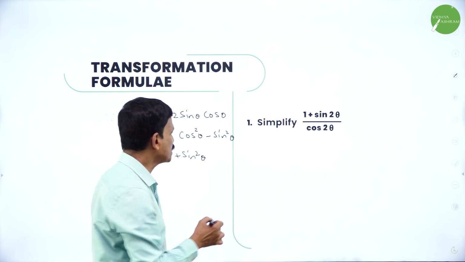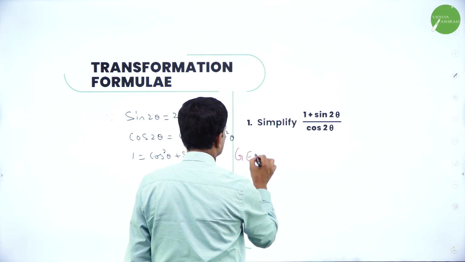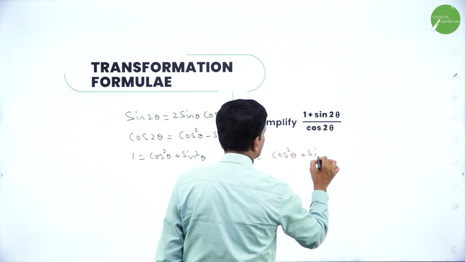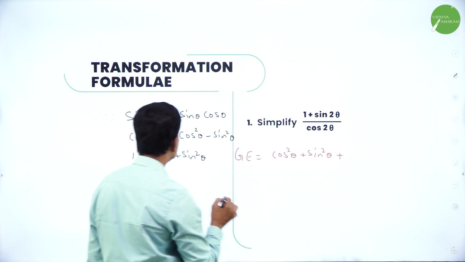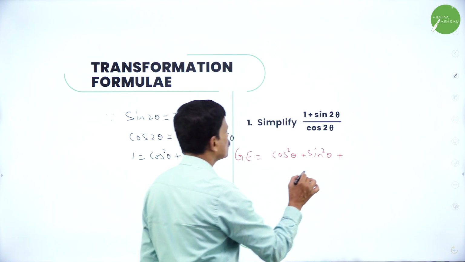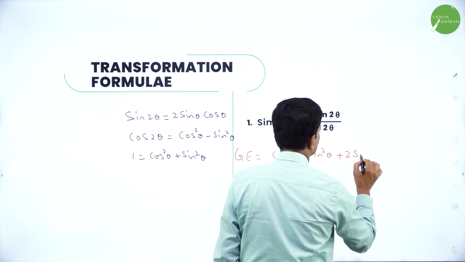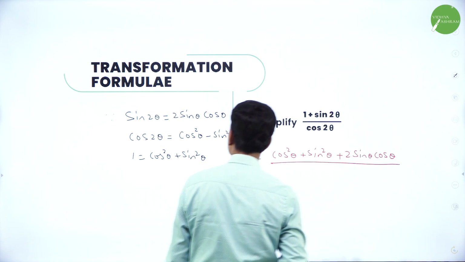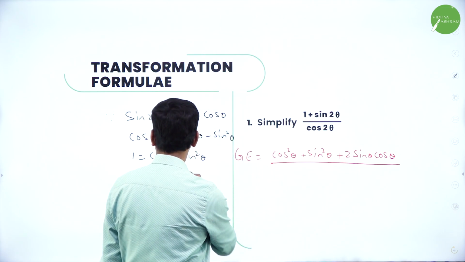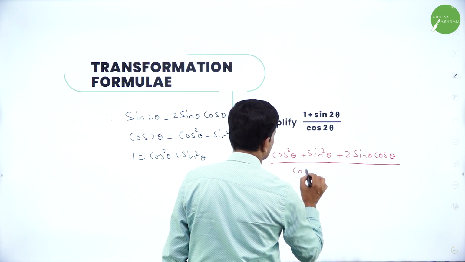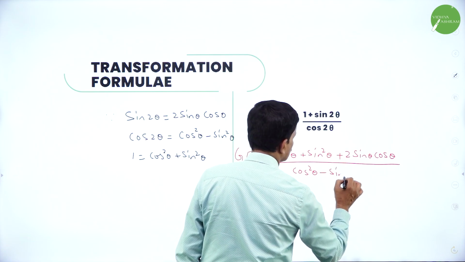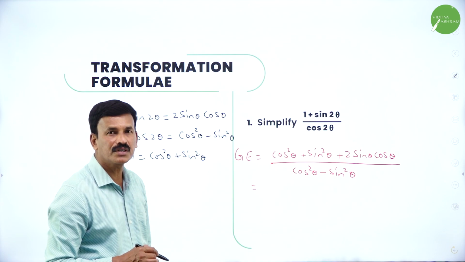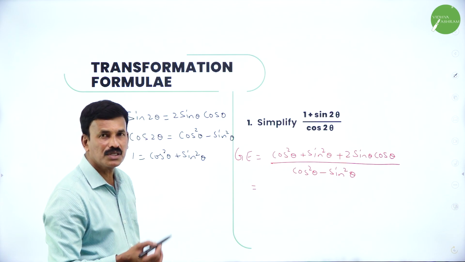Now the given equation can be written as, what is 1? 1 is equal to cos square theta plus sin square theta, plus sin 2 theta is nothing but 2 sin theta into cos theta, divided by cos 2 theta. Cos 2 theta can be written as cos square theta minus sin square theta. Now if you observe carefully, the numerator is of the form a square plus b square plus 2ab.